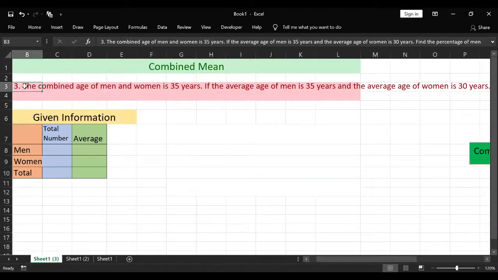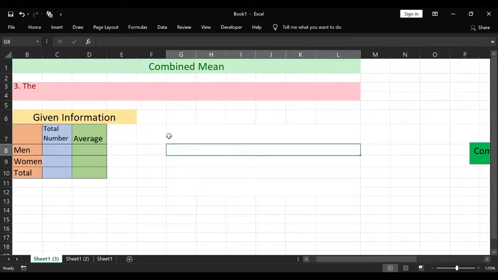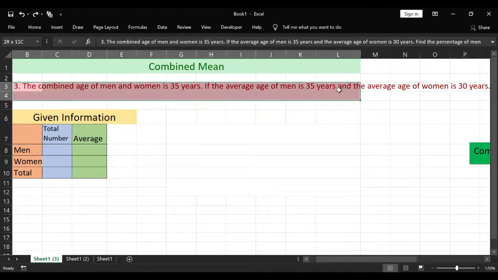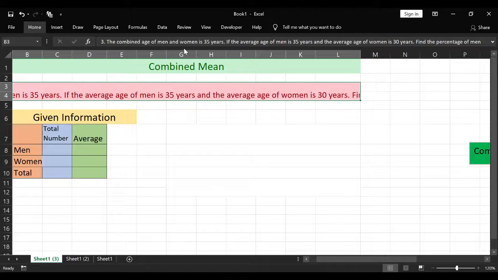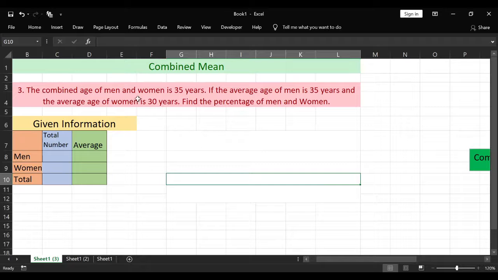See here, the combined age of men and women is 35 years.